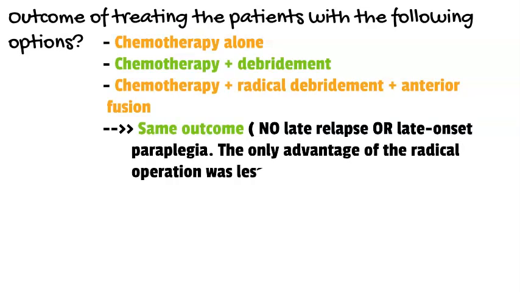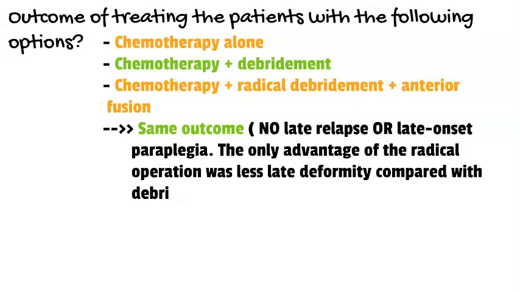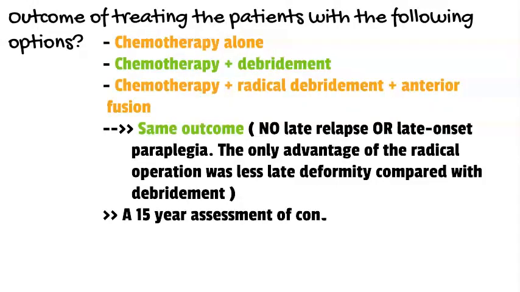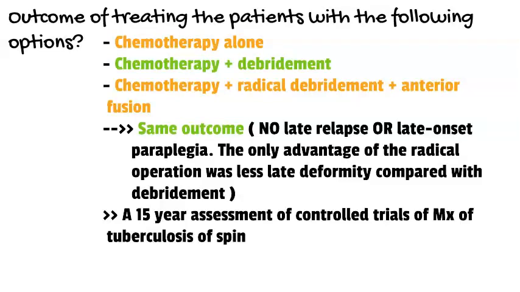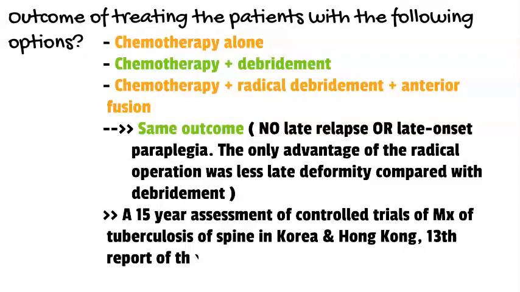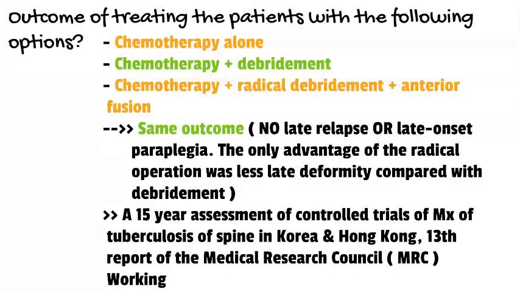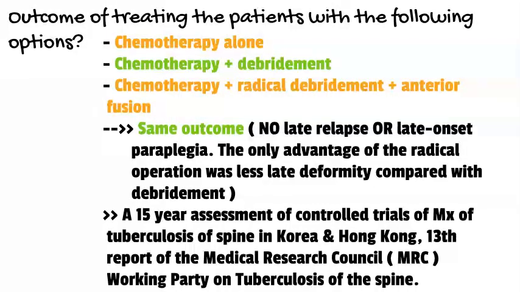The only advantage of the radical operation was less late deformity compared with debridement. This is by a 15-year assessment of controlled trials of management of tuberculosis of the spine in Korea and Hong Kong, a 13th report of the Medical Research Council (MRC) Working Party on tuberculosis of the spine.